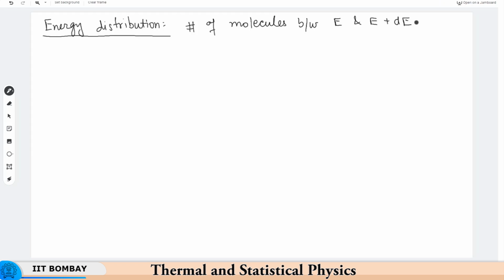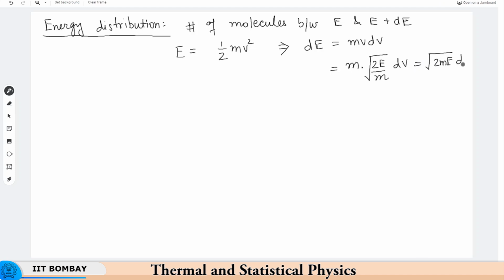And when we say energy, we are obviously dealing only with the kinetic energy, because potential energy is 0. And we can write the energy of the gas molecule as half mV squared. If we take the derivative, dE/dV becomes mV, and if you substitute the value of V from this relationship, this just becomes m times square root of 2E by m, which is nothing but square root of 2mE.